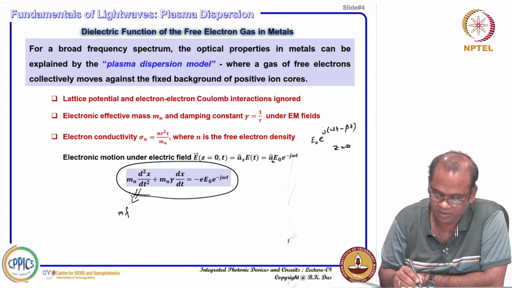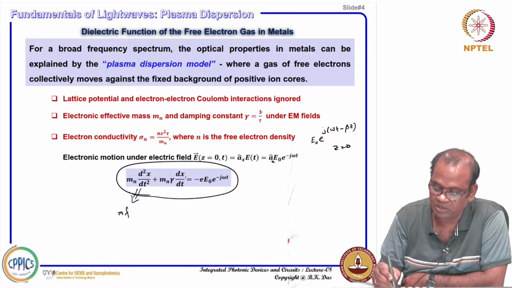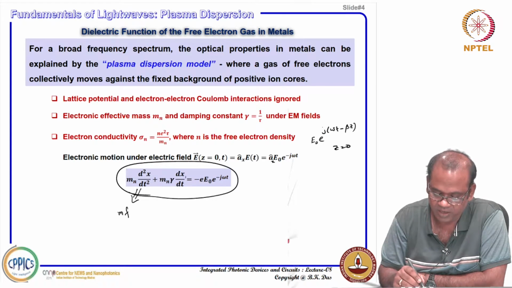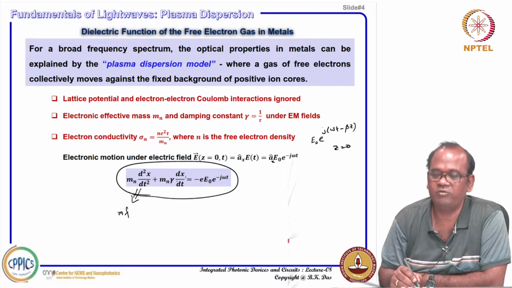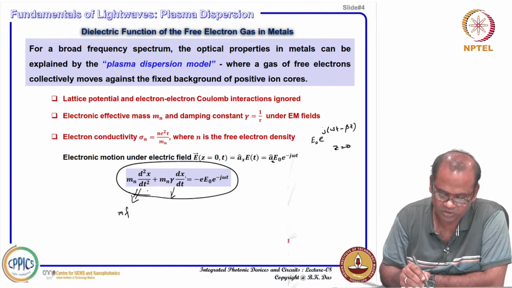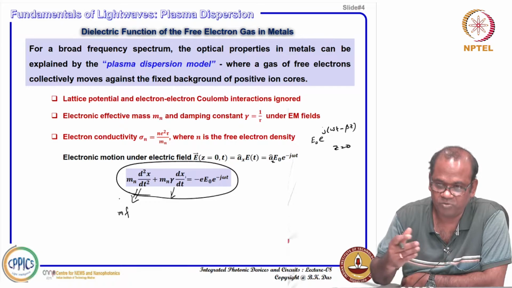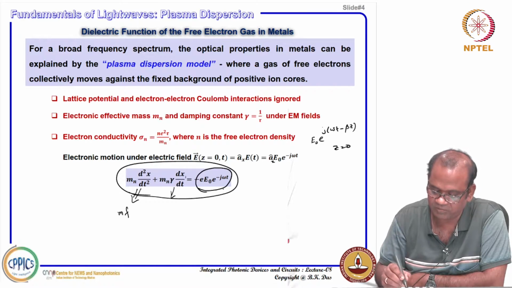Because a damping constant is there, dx/dt equals velocity, and if you consider gamma as 1 over tau, then mv/tau, the rate of change of momentum per unit time, is also contributing some force. That damping force as well as the free movement force, the total accelerating force together, comes from the force imparted by the electromagnetic wave.